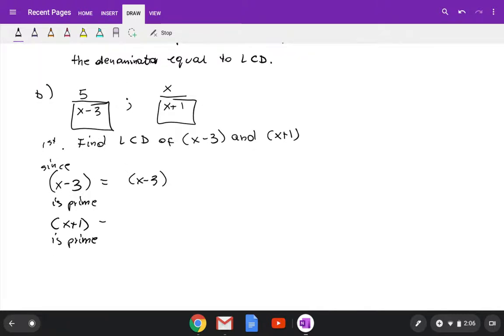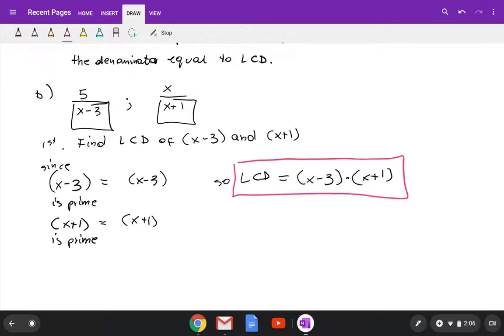So we're going to rewrite x plus 1 as x plus 1. So the least common denominator of x minus 3 and x plus 1 is the product of both of them, since they are both prime expressions. So it's going to be x minus 3 times x plus 1. So at least here we don't really have to do too much work. Okay, so we have that LCD.